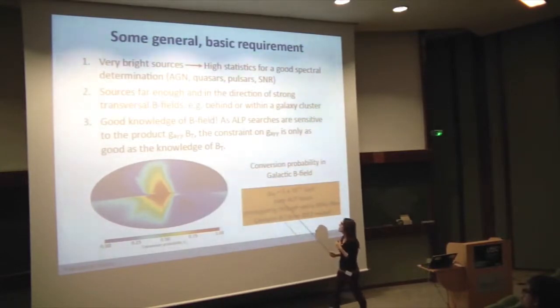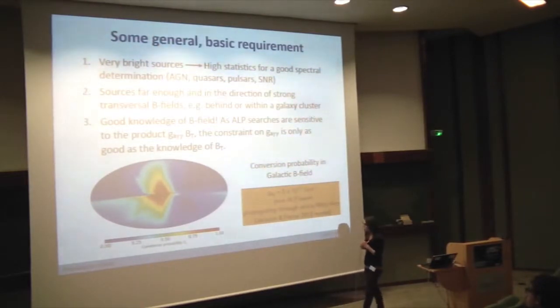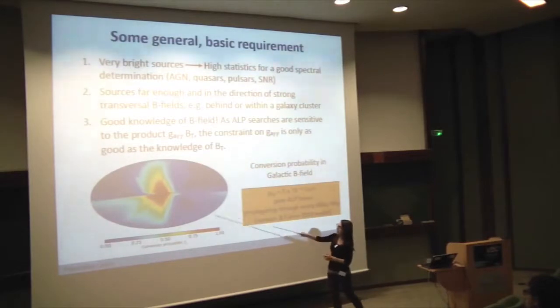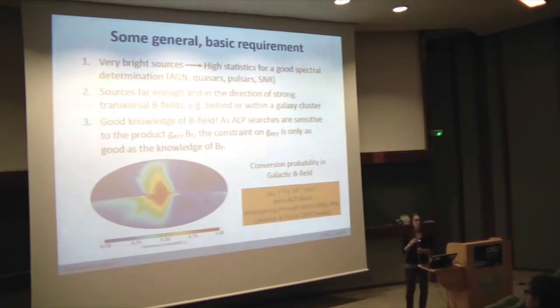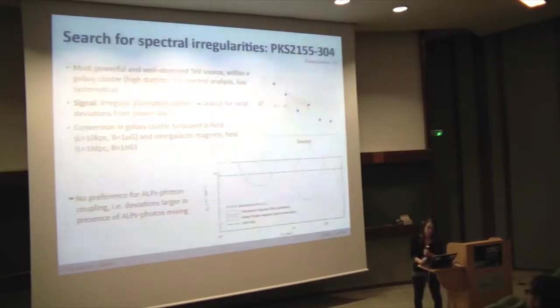This is fixing the coupling and the mass to some given value, and using a model for the galactic magnetic field, which is one of the most well-studied ones. You can see that the probability of conversion changes depending on the position in the sky. And so you can optimize your selected targets in order to maximize that conversion probability.